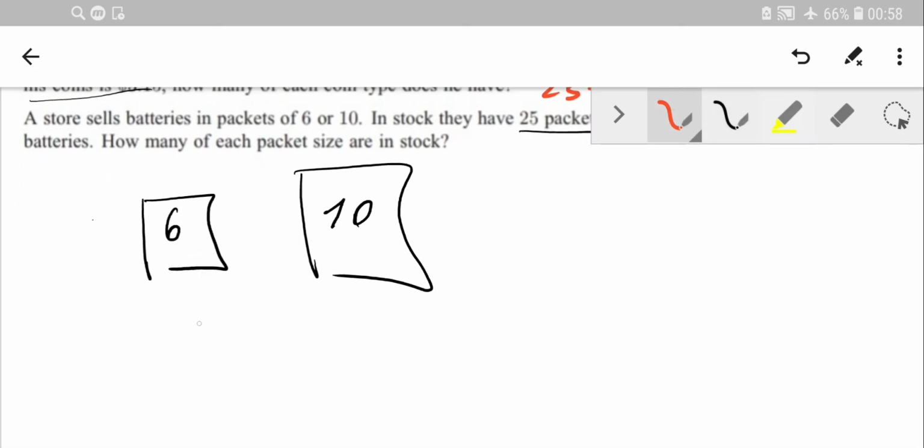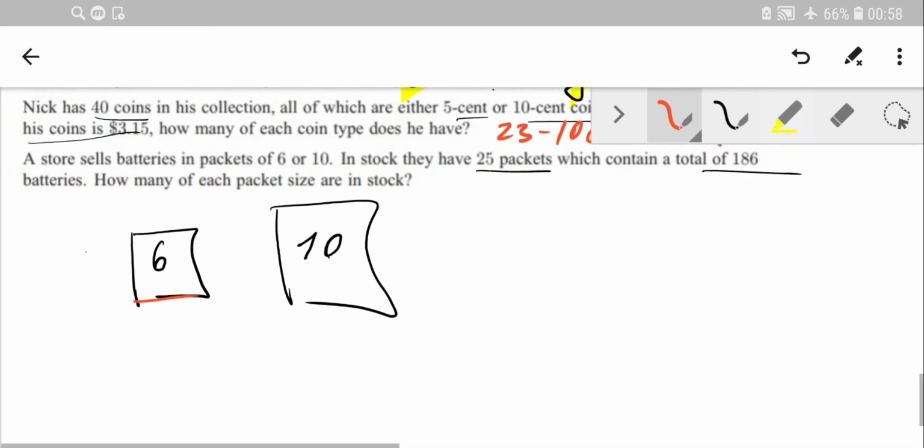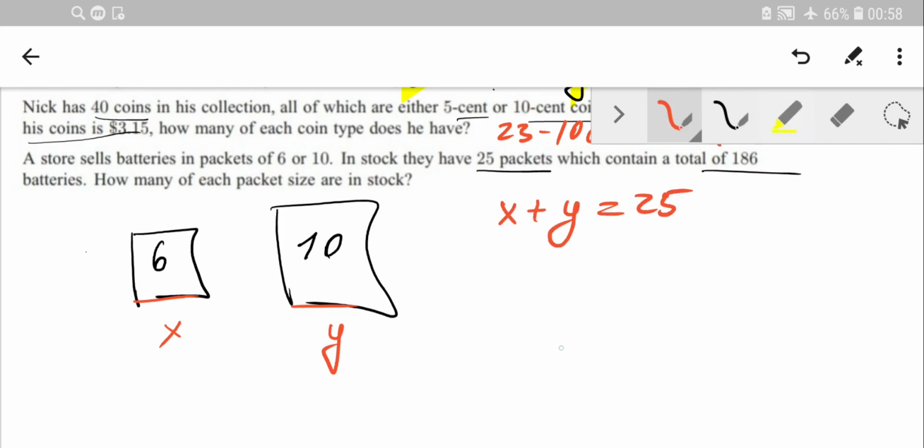So basically, we can say that if this is x amount, x packets, and each contains 6, and this is y packets, each containing 10. So in total, x plus y will give you 25 packets. And in total, you have the amount of batteries.